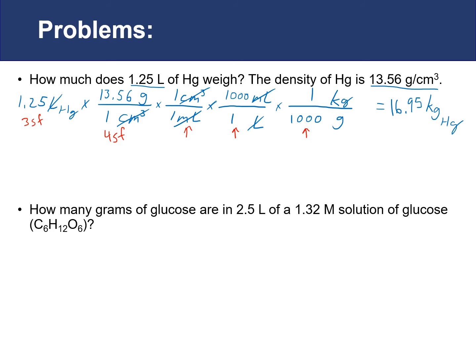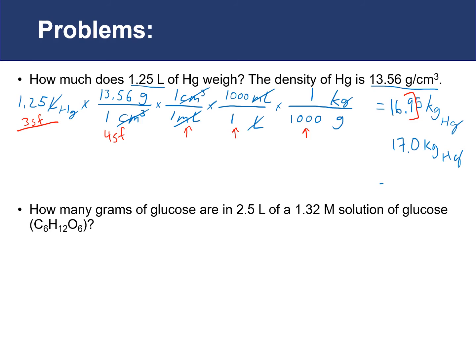The value that has the least is the first one that has 3. So our end answer will have 3 significant figures, and so we would have 17.0 kilograms of mercury.